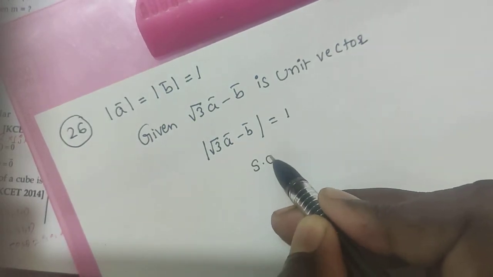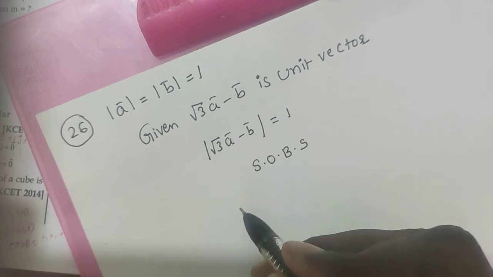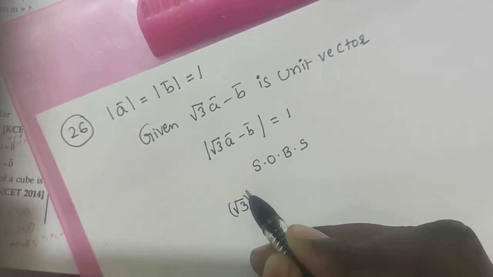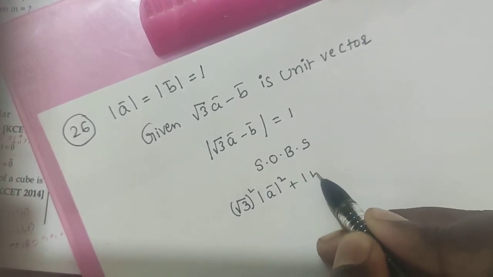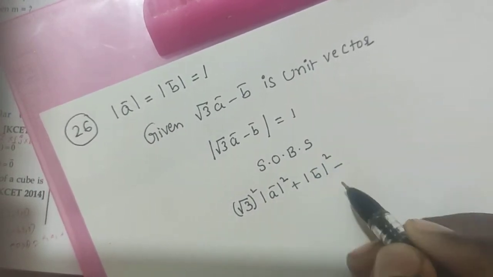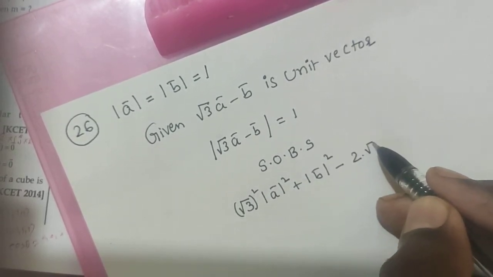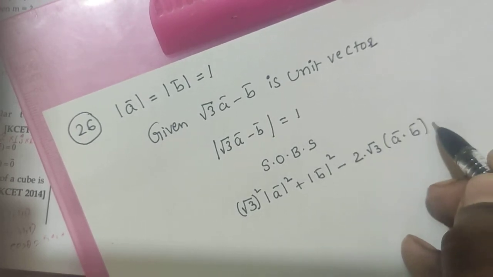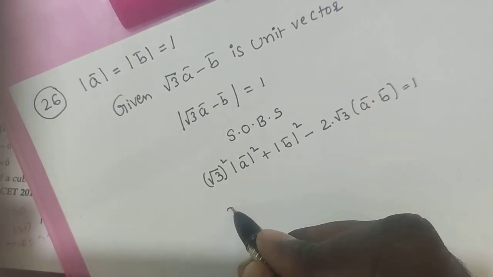Now squaring on both sides. First, root 3 whole square into mod a bar square plus mod b bar square minus 2 into root 3 into a bar dot b bar is equal to 1. Root 3 whole square is nothing but 3.